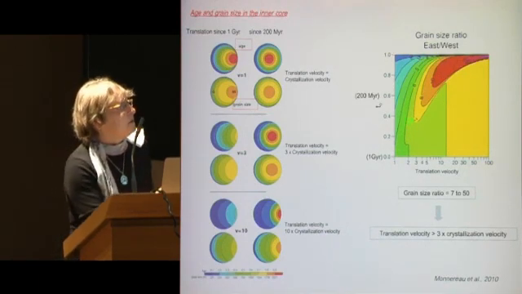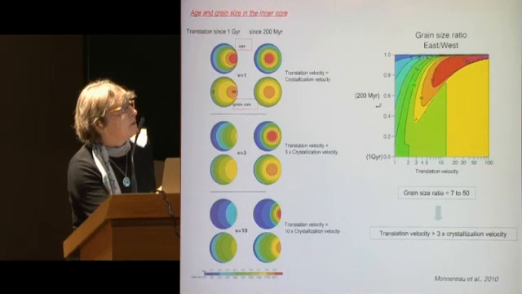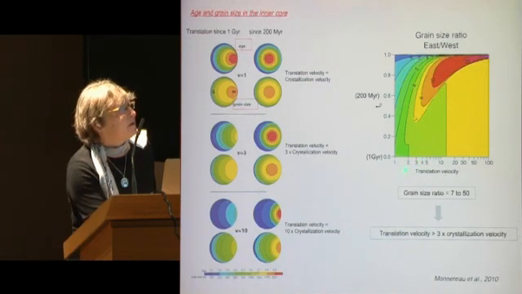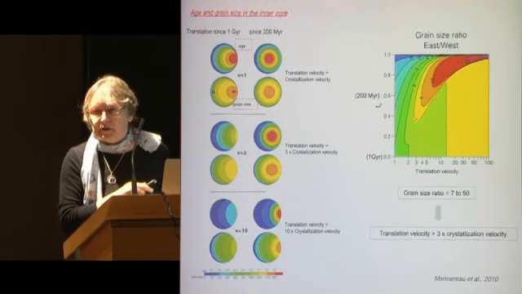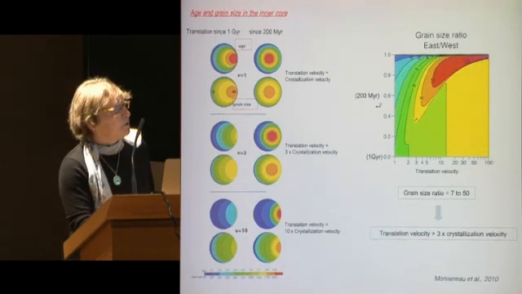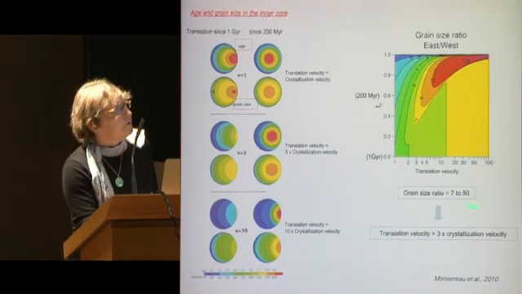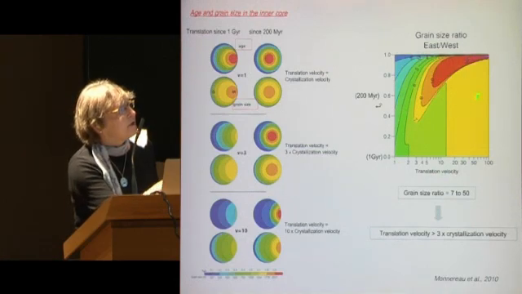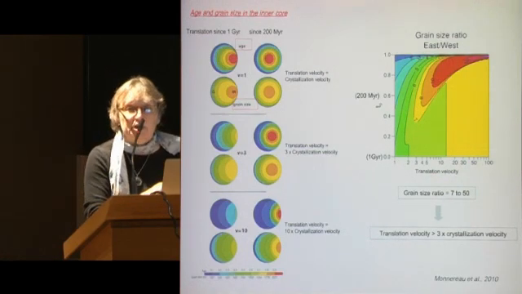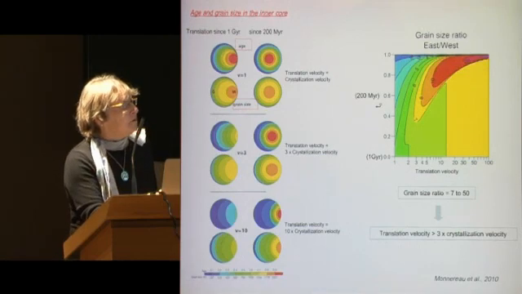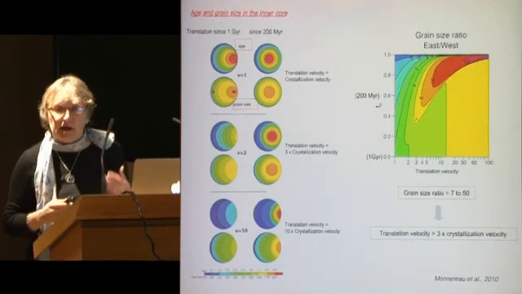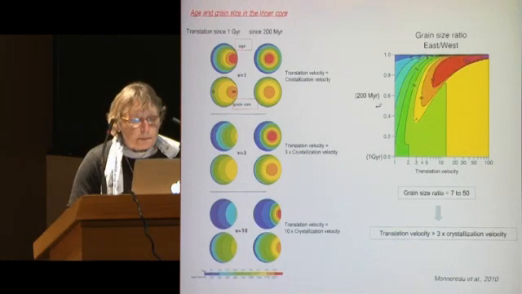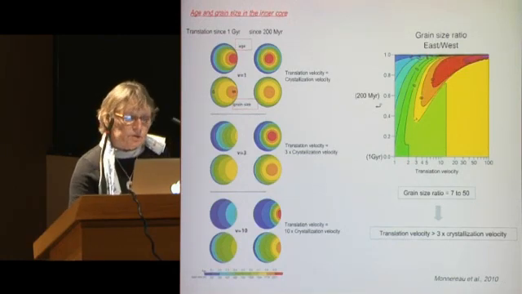So if you look at the value here, you must have a translation velocity of at least 3 times the crystallization velocity. But of course, if you look at higher values, you can be in this domain here and have translation velocities which are much, much higher, say 20, 50, really high values. But the minimum is 3.